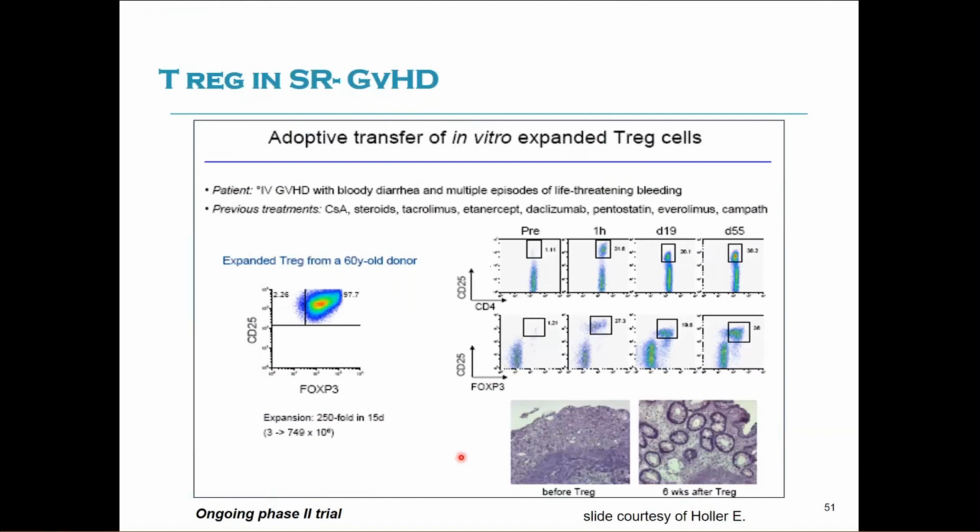Another treatment approach may be the adoptive transfer of in vitro expanded Treg cells, but further results have to be awaited.